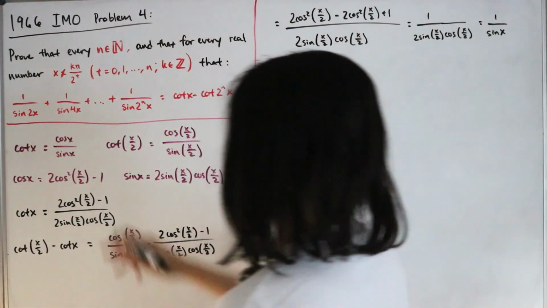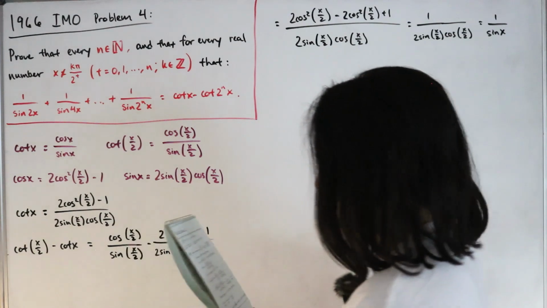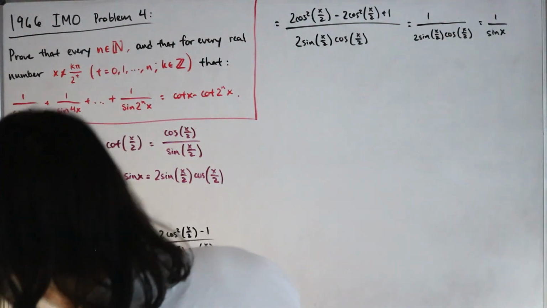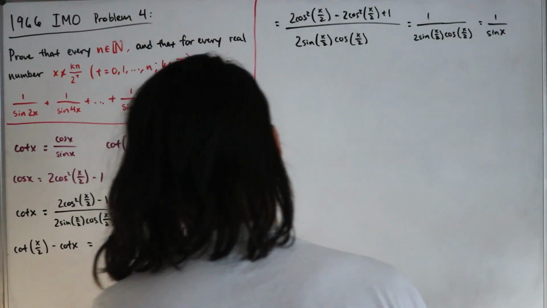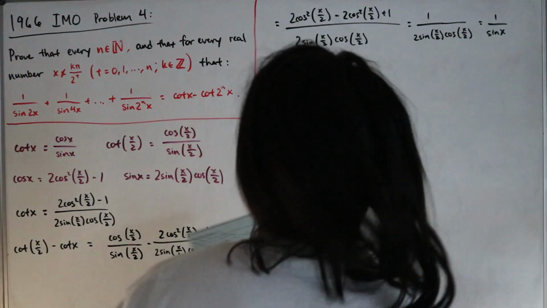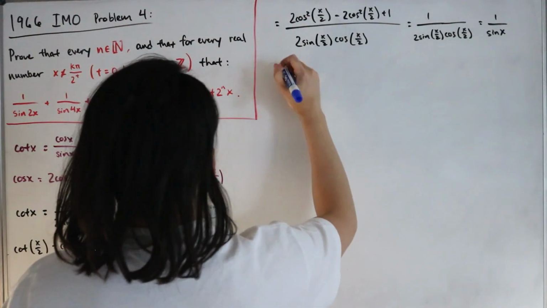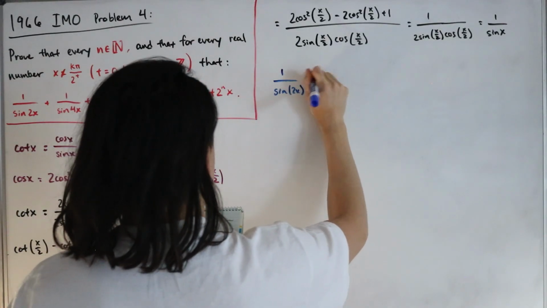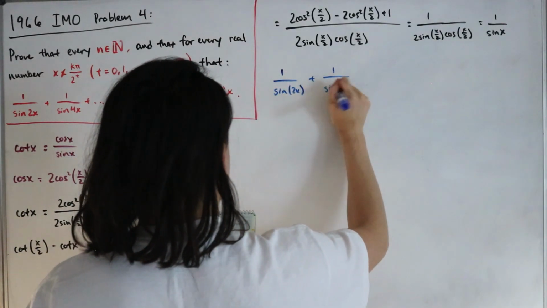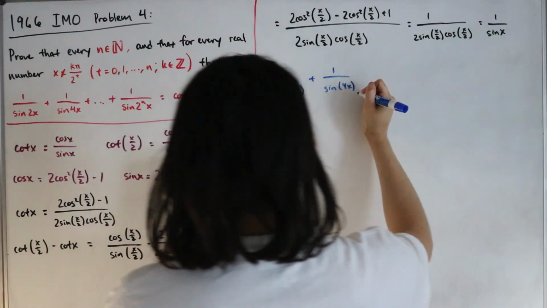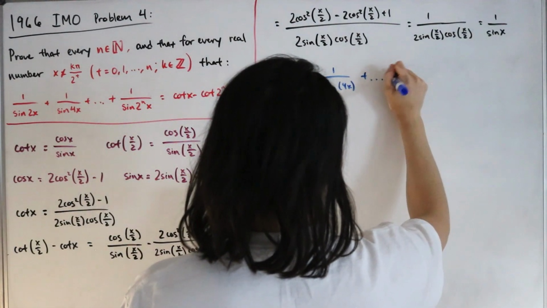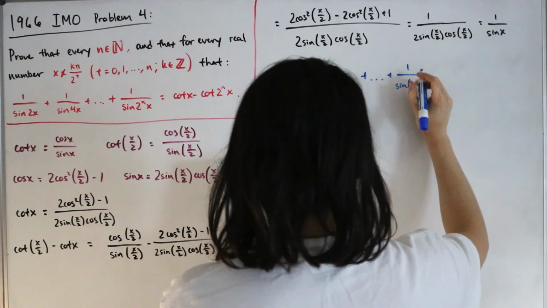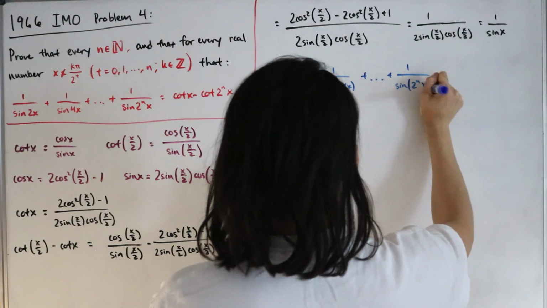Okay, so just like from earlier, here comes where we start showing the equality, that the left-hand side is equal to the right-hand side. Starting off with the left-hand side, I have 1 divided by sine of 2x, add this with 1 divided by sine of 4x, all the way up to plus 1 divided by sine of 2 to the power n times x.